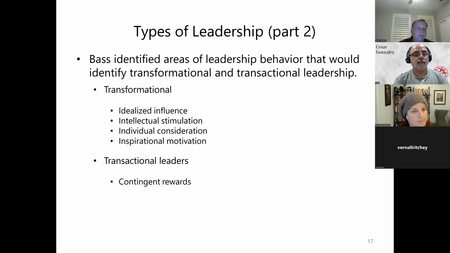Bass gives us another way of looking at transformational and transactional leaders. They're very similar to what Burns told us. For transactional leaders, it's based upon contingency-based rewards. Again, these transactions. For transformational leaders, they have idealized influence that they exert over their employees. They stimulate their employees intellectually.